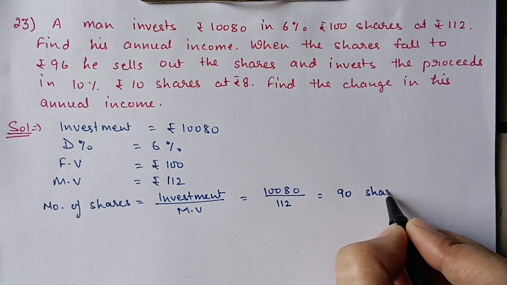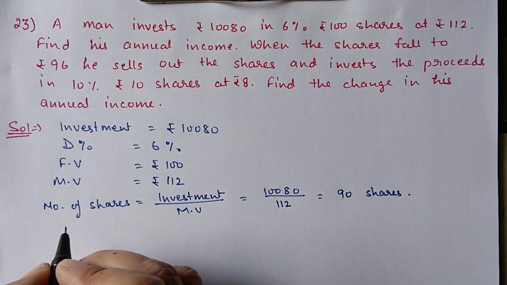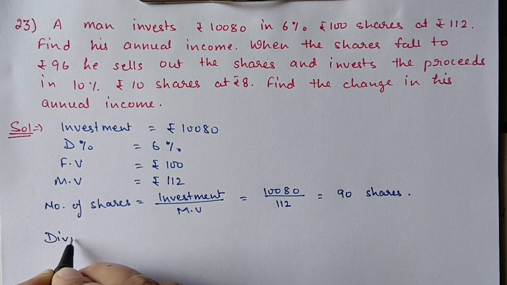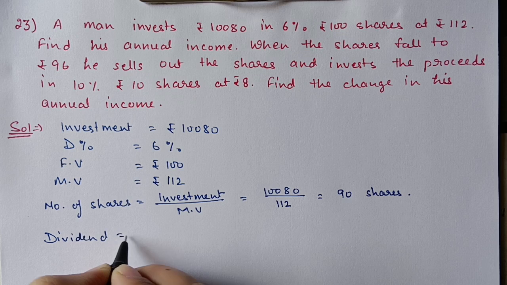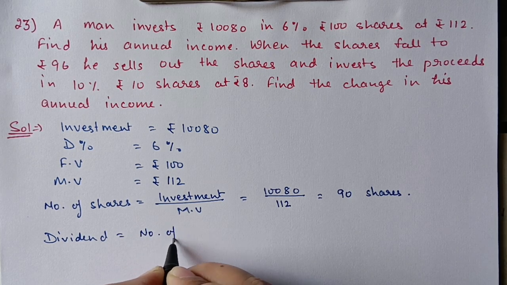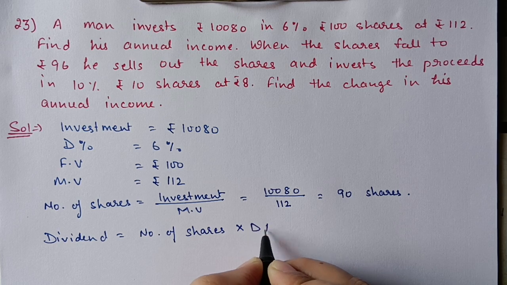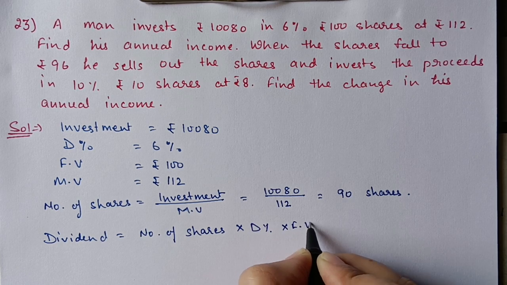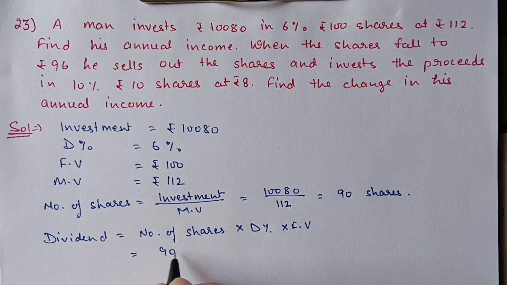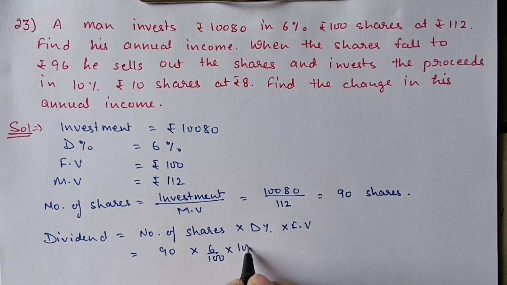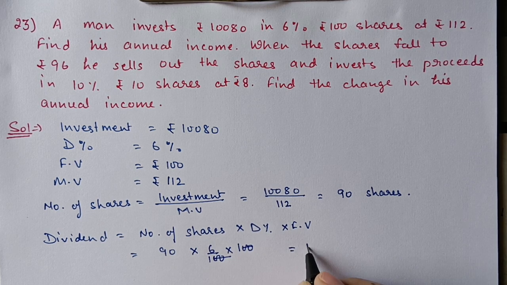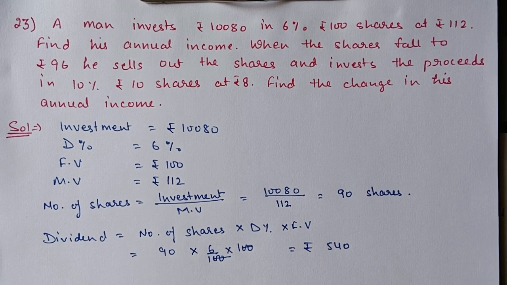It means he has purchased 90 shares. So the dividend he is getting from these shares is equal to number of shares into dividend percentage into face value. Number of shares he has is 90, dividend percentage is 6% and face value is 100 rupees. After cancellation and multiplication we are getting 540 rupees.